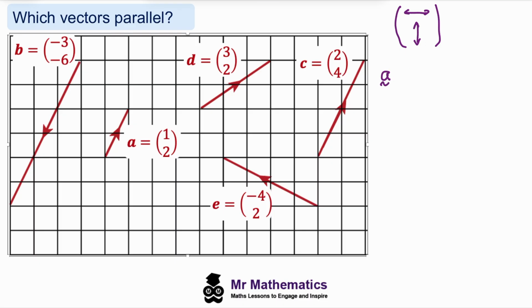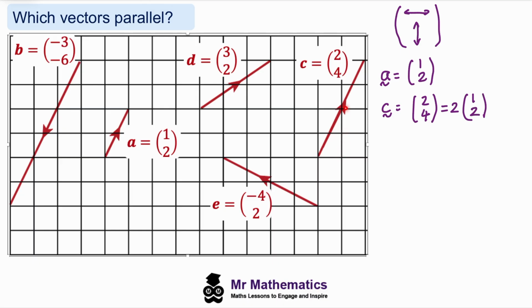So vector A, we know is (1, 2). 1 to the right, followed by 2 vertically up. Vector C is 2 to the right and 4 vertically up. But you can see that both of these numbers will divide by 2. So we can factor this out. We'll have 2 lots of 1 to the right and 2 up, which is exactly what we have in the diagram.